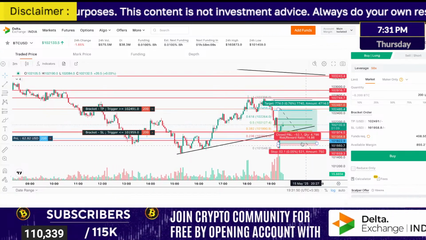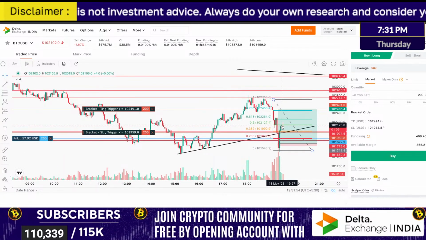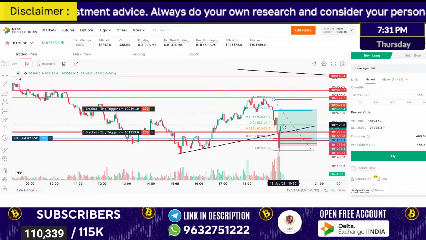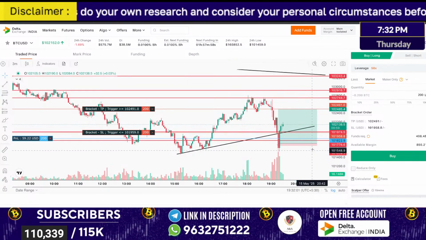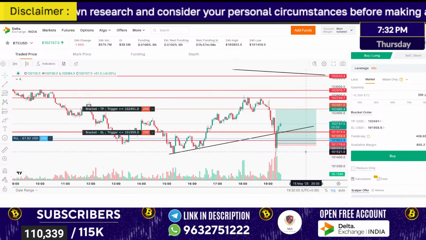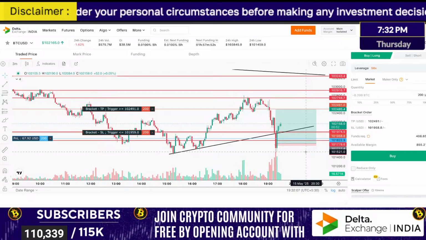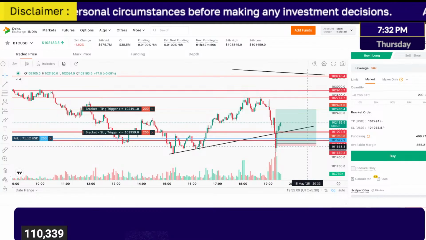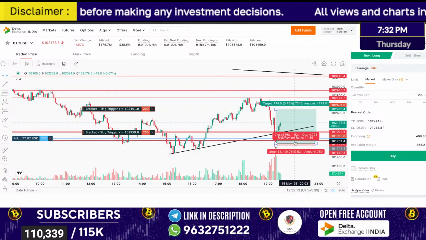As of now, it's going at $60 profit, but it's a little tricky. I agree it is a bit tricky at the zone. So anything can happen. $77.